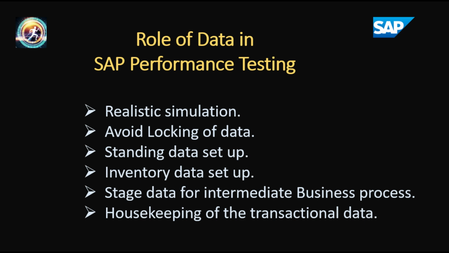So whenever the ATP check happens, it checks that particular SKU across all the open orders, and if there are any open orders, it will give priority to that. If there are too many open orders, certain processes might have to do a lot of scanning of these open orders before providing the output to the customer.